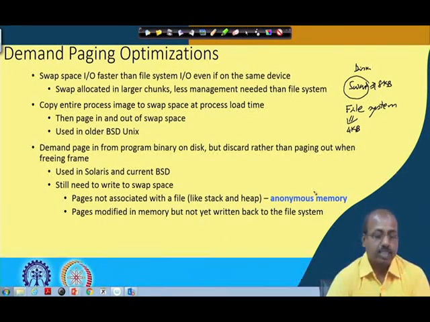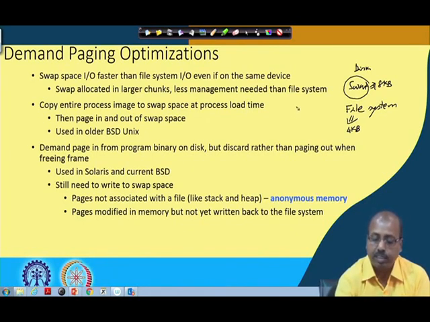Then the second thing is to copy the entire process image to swap space at process load time. If this is the disk, then in the disk I have a process, some program, say the program name is ABC. The executable version of this ABC is there in the file system of the disk.